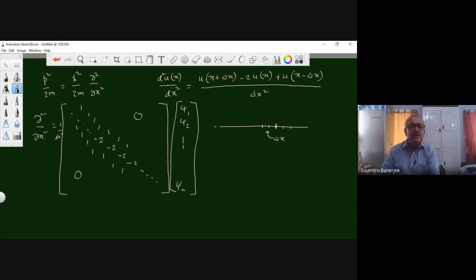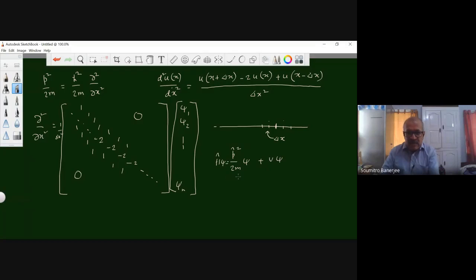So this way you can see that when you write the Hamiltonian operator, it will have a p square by twice m operating on psi, plus V operating on psi. Now V, I've just illustrated how this can be written as a matrix.